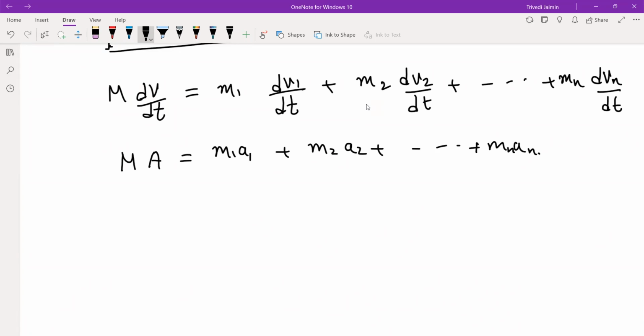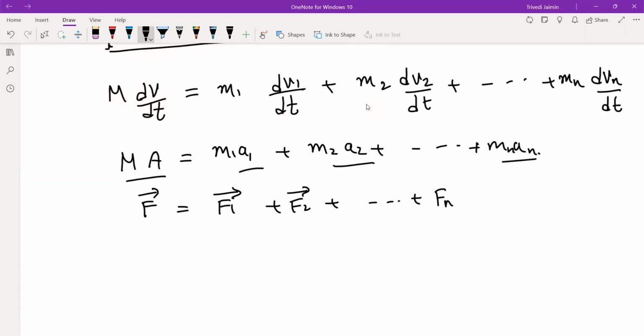Now all these are mass into acceleration. So what is it? Force. This is F, my F became so big. Force equals F1 plus F2 and so on up to Fn.